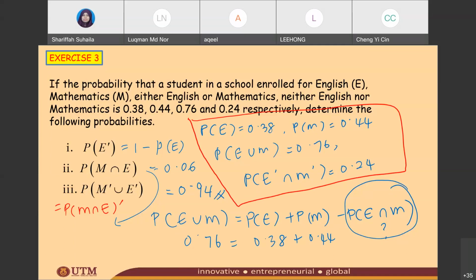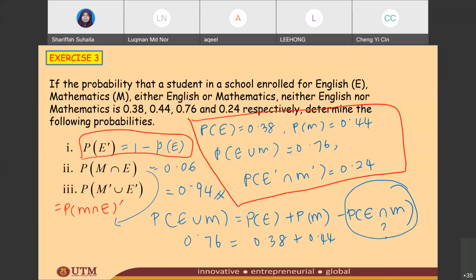Now you want to find the probability of E prime, the complement event. So total probability 1 minus probability of E, so 1 minus 0.38 in this case. Then the probability of M intersect E, which you need to find.